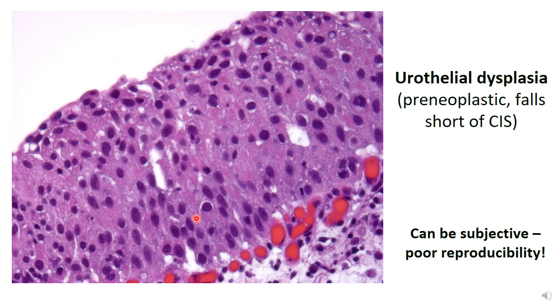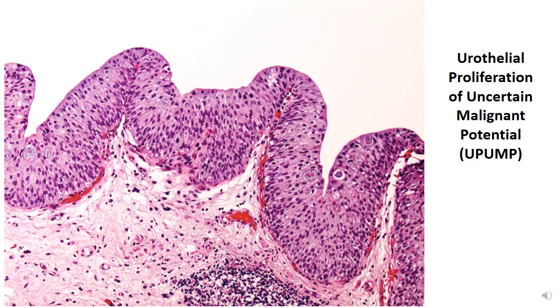It is very important to keep in mind that this process can sometimes be quite hard to distinguish from reactive processes. The problem with this entity is that it can be quite subjective with poor inter-observer reproducibility. So I try to make this diagnosis in a de novo setting in a very strict manner. Usually the diagnosis is made more readily when you have a previous history of urothelial carcinoma.